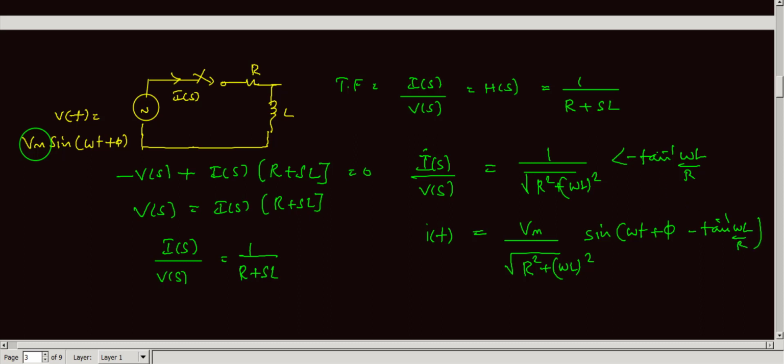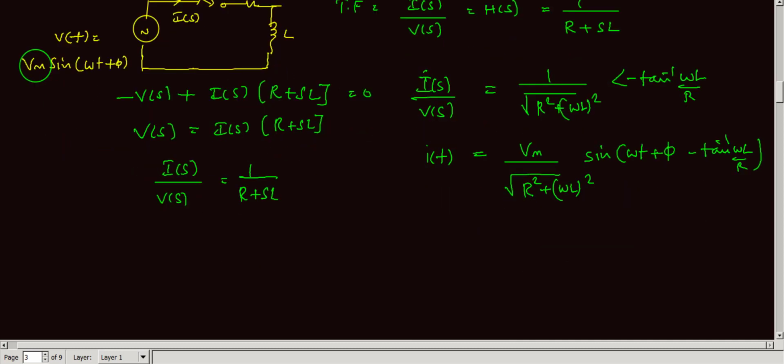If you consider the differential equation, then method 2 is there. I will definitely show method 2 also, no problem. So this is the steady state. What is the current through the inductor? It consists of the transient term plus the steady state term: IL of t equals IL transient of t plus IL steady state of t. This is the current flowing through the resistor also.